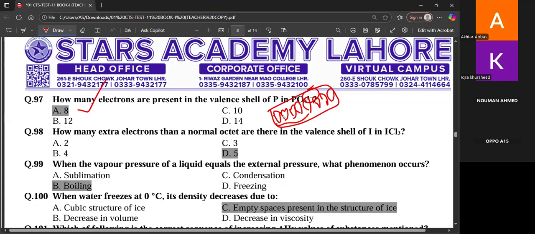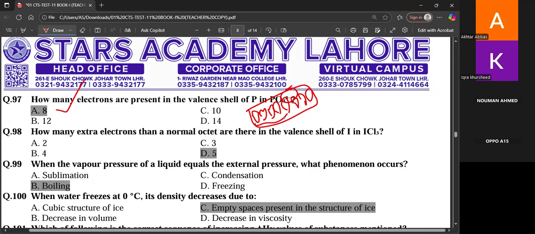How many extra electrons than a normal octet are there in the valence shell of I in ICl3? You know that iodine belongs to group 7A, so it contains how many electrons in the outermost shell? It contains 7 electrons: 1, 2, 3, 4, 5, 6, and 7.